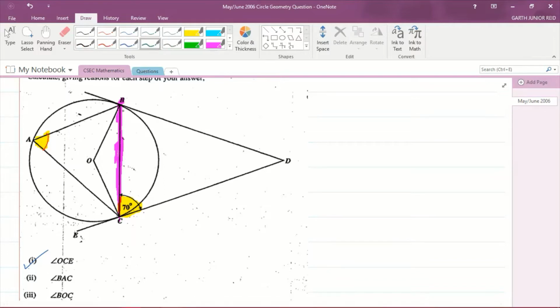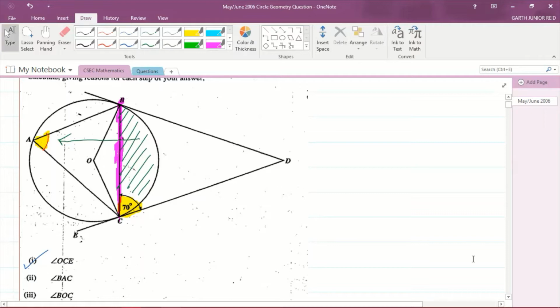We're talking about this segment here, which is what we call a segment of the circle, and the angle which is opposite to that segment is this angle here at A.